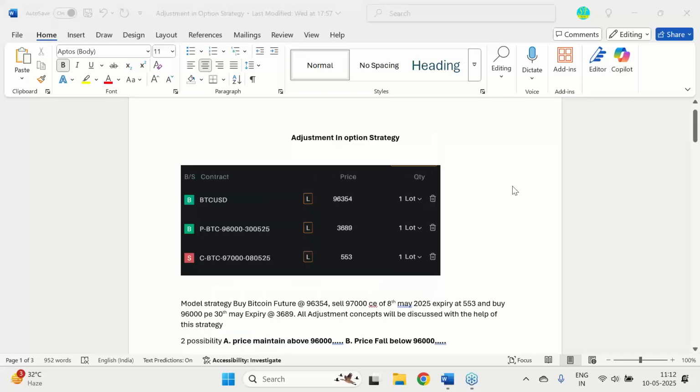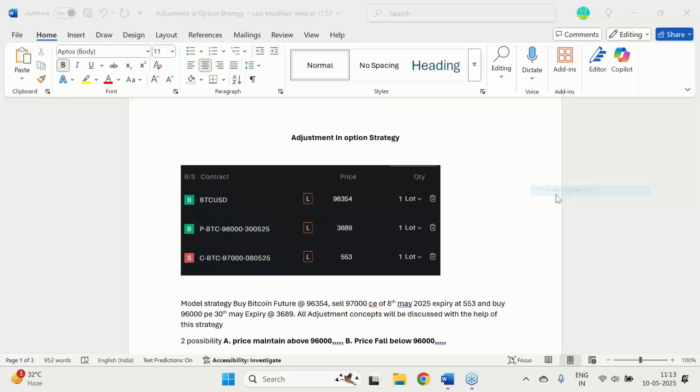To understand this adjustment, I'm taking one model strategy. The strategy is very simple. I am buying a future, say a Bitcoin future. I am buying a 96,000 put option, which is very near, one OTM put option. Along with that, I am selling a 97,000 call option of 8th May expiry.